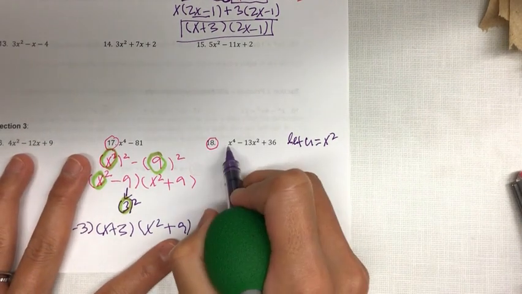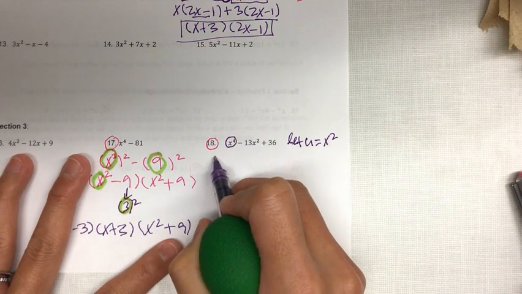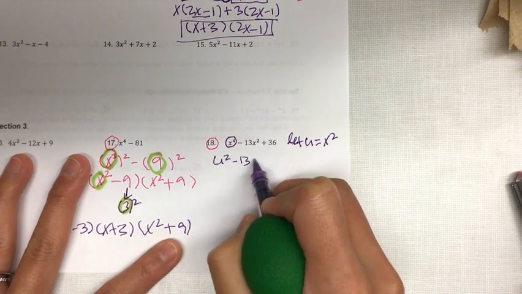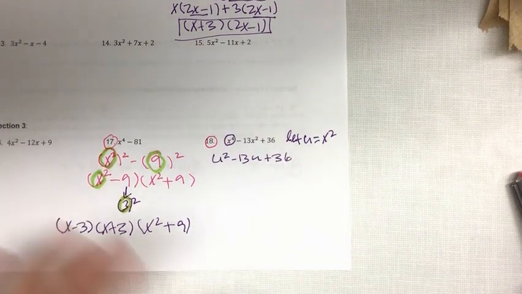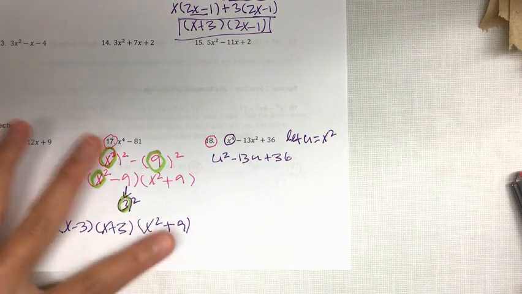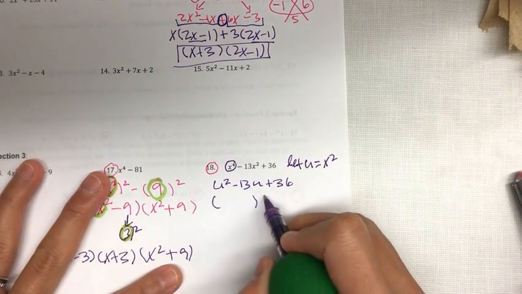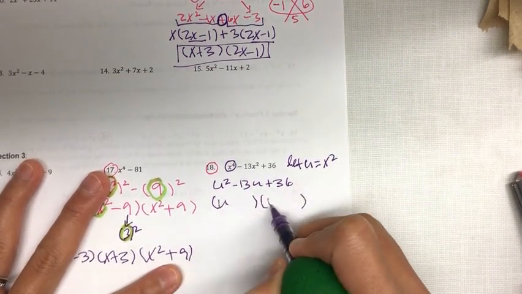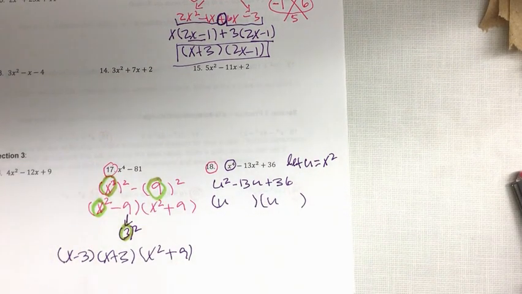So that means this one in terms of u is going to be u squared minus 13u plus 36. Now does that sound familiar? Something squared, something with the one variable and a constant. Can this be a one-go shortcut? Yep. So what is going to satisfy the 36 as a product and negative 13 as our sum?